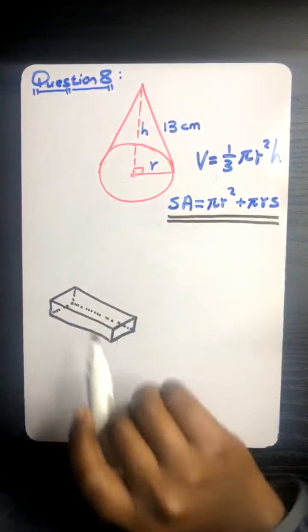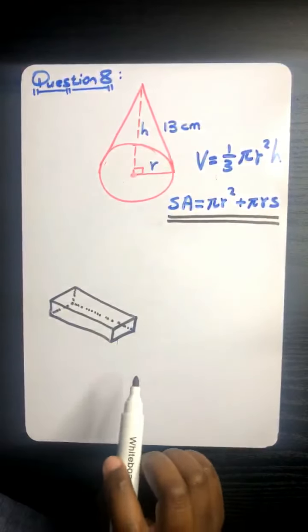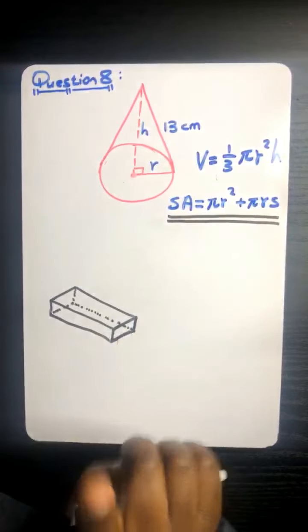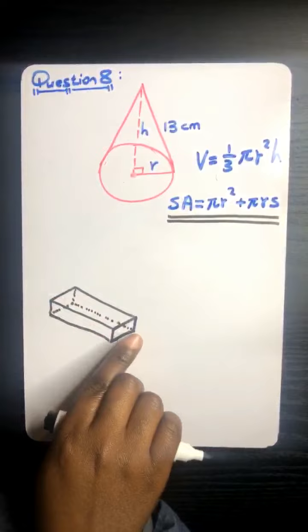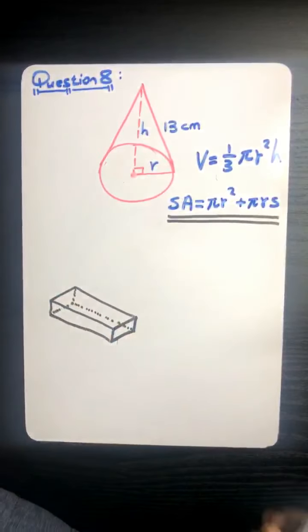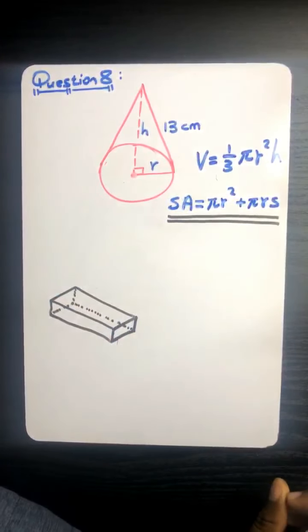Yes, we've got 6 sides. If you have a look at your lunchbox, we have the one at the top, the one at that side. Yes, we have.